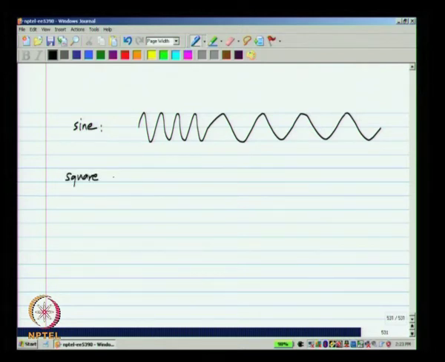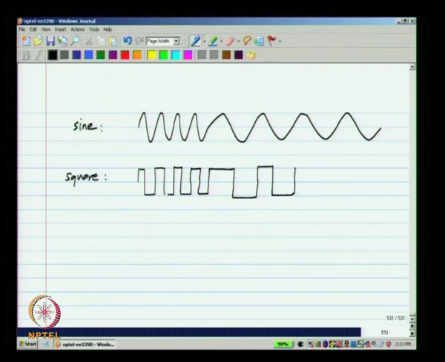And I could have a square wave which behaves exactly in the same way, that is the frequency shifts to a lower value after 4 cycles.